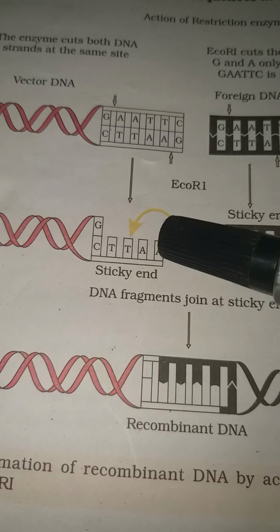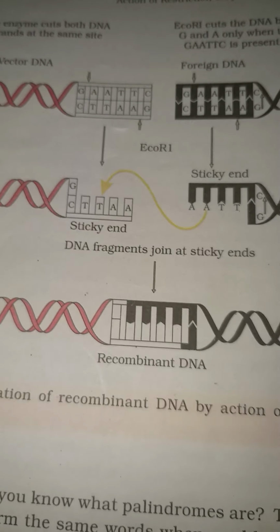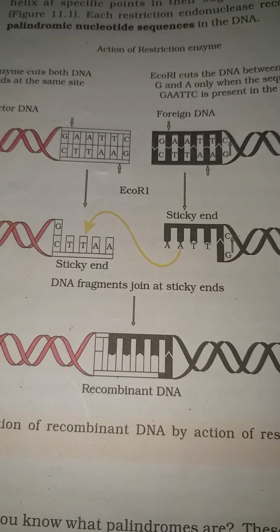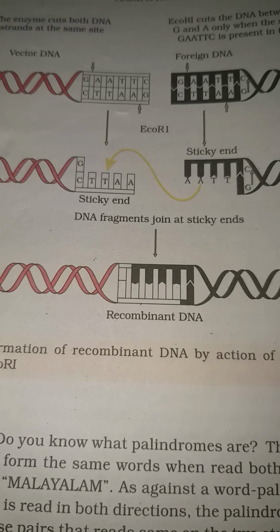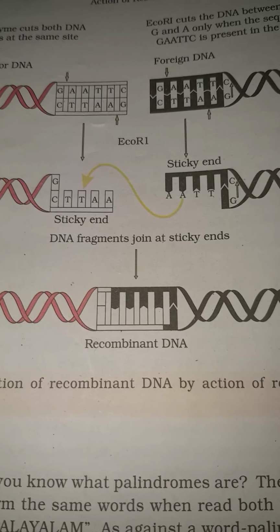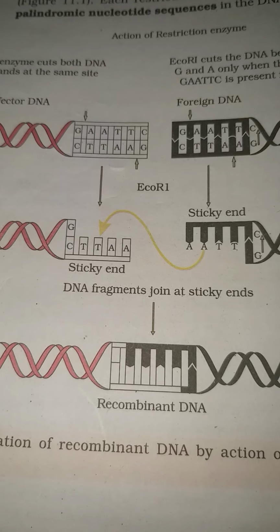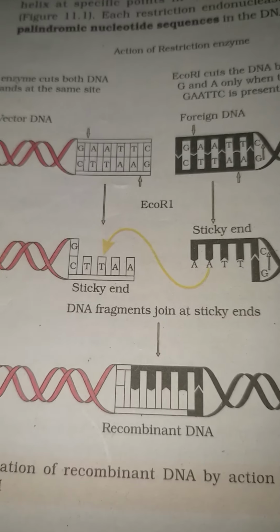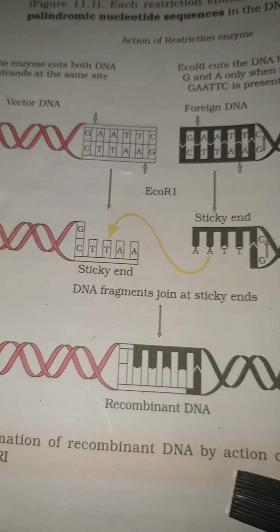Now you see the sticky ends here. Why is it called a sticky end? Because of the presence of hydrogen bonding. Finally, with the help of a ligase, or DNA ligase, these are all enzymes, this recombinant DNA structure is formed.